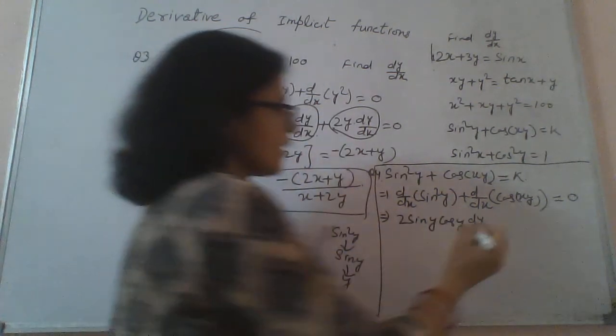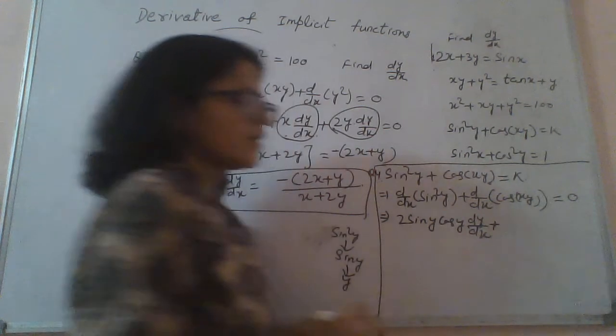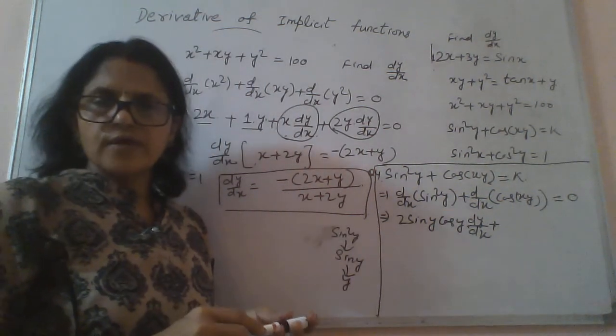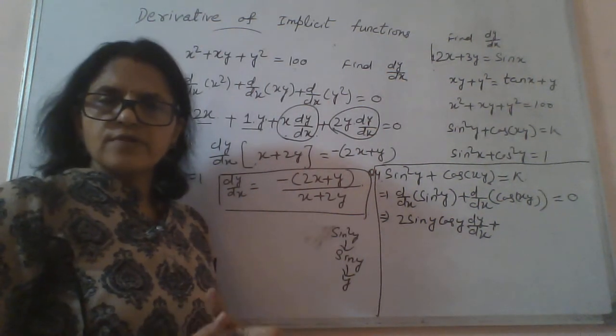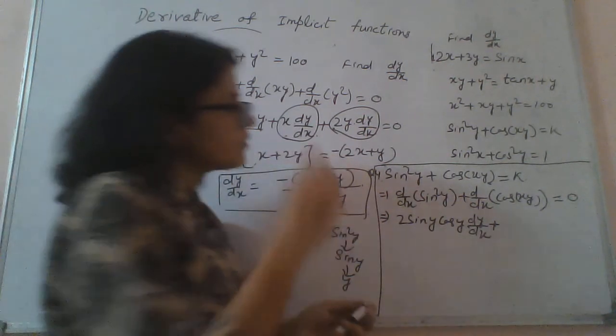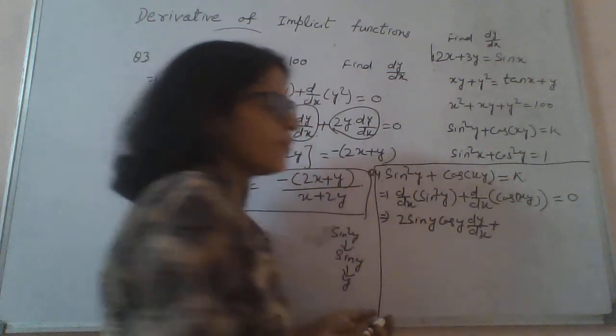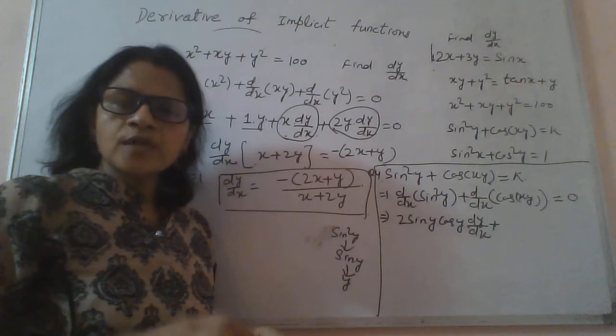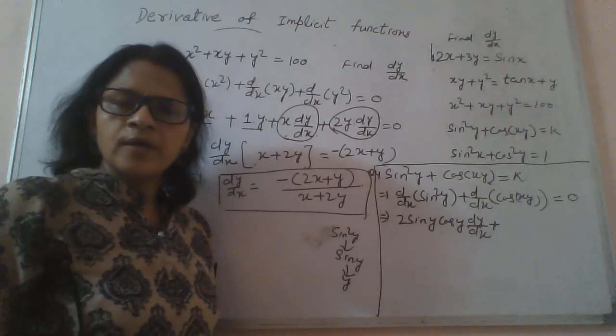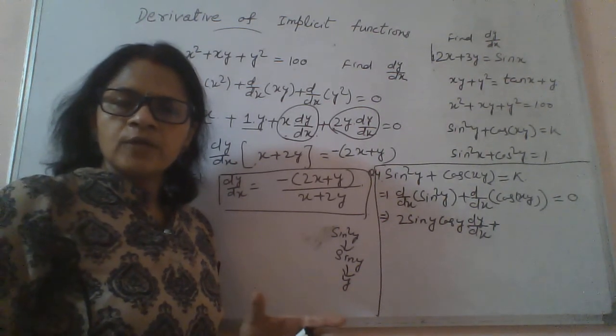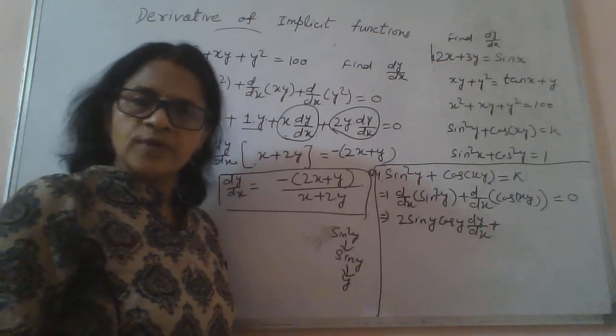Okay. Now next, plus d by dx of cos xy. So cos xy is a function of xy. Here the angle is x into y. So derivative of cos xy with respect to xy into derivative of xy with respect to x.